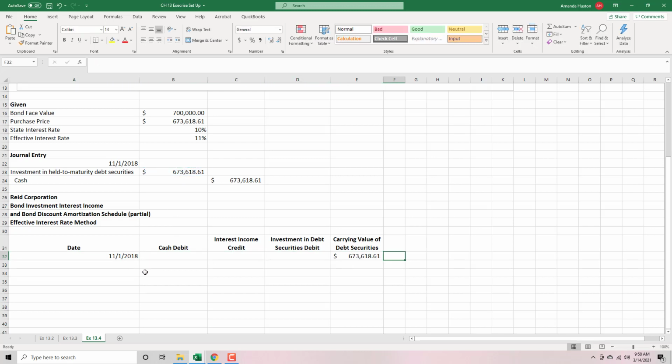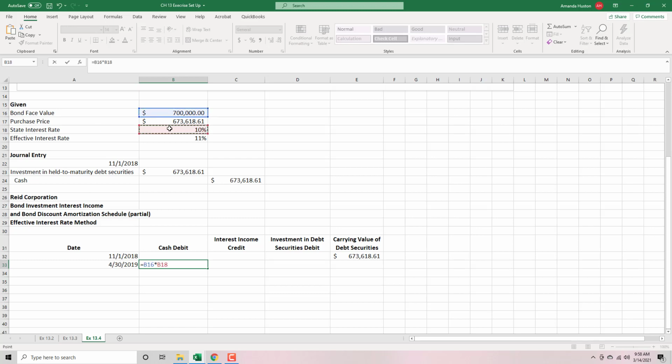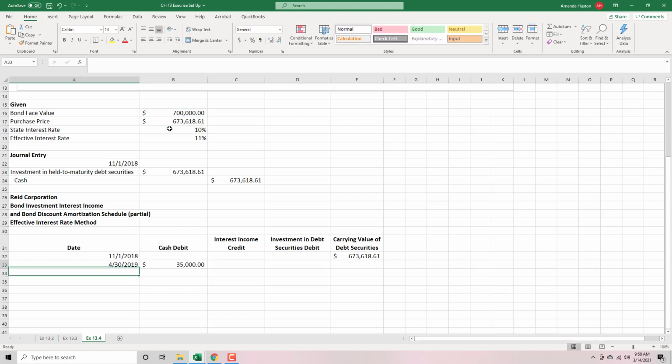Now interest income is the purchase price times the effective rate times 6 divided by 12, or 0.5. So interest income is more because we purchased it at a discount.